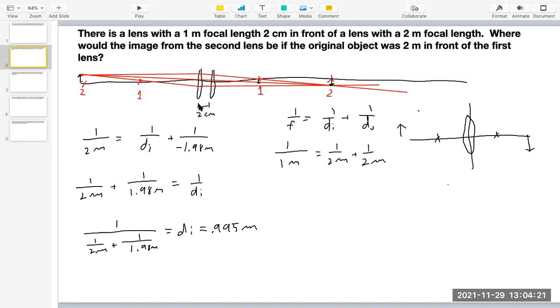But if things are thin enough and close enough, such that the thickness of the lens is much less than their focal lengths, and the distance between the lenses is also much less than their focal lengths, just putting it all together, it's nice. And that works with the focal length of two lenses together.